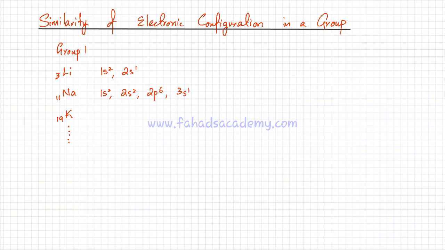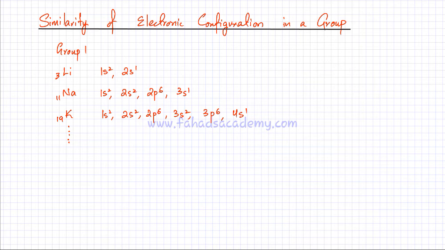And potassium has 19 electrons, so its electronic configuration is going to be 1s2, 2s2, 2p6, then 3s2, then 3p would have 6, after which you would have 4s having just 1 electron.